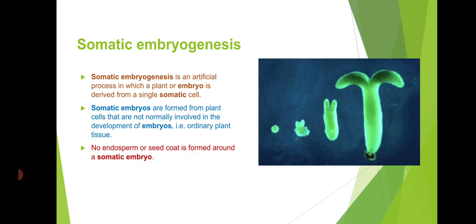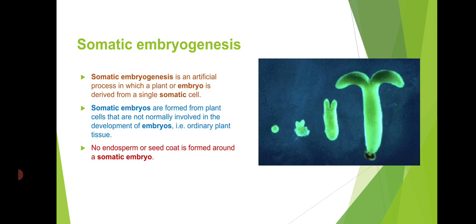Then why should we do somatic embryogenesis? In some plants, due to incompatibility or pollen incompatibility, sometimes normal sexual reproduction does not occur. Another case is if we propagate a plant continuously by vegetative reproductive mechanisms, then we can see some deformities occurring in sexuality or sexual reproduction in plants.